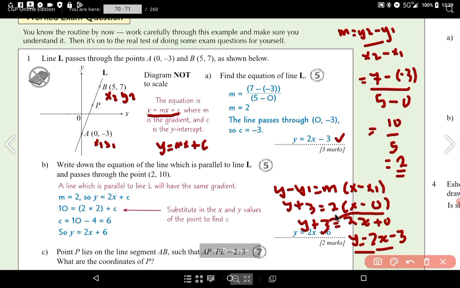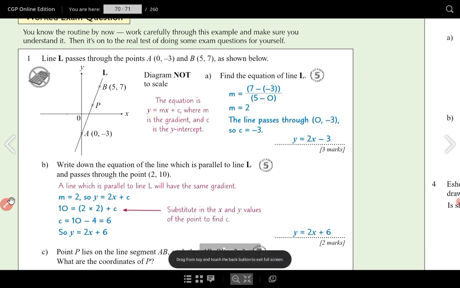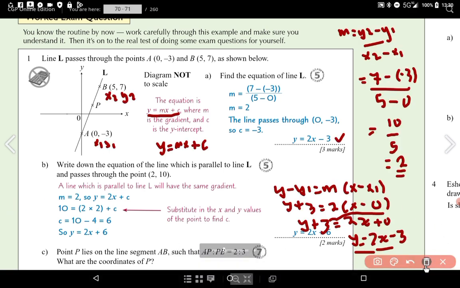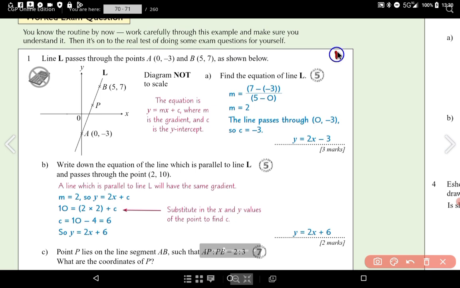So this is a formula I like using, but you can also find it in a very simple way. And here's what you do. After finding the gradient, we said the gradient is 2. You know that your equation would be what? y = mx + c.